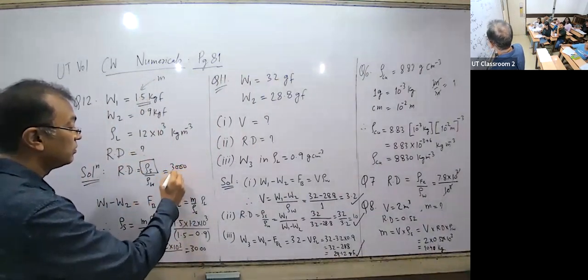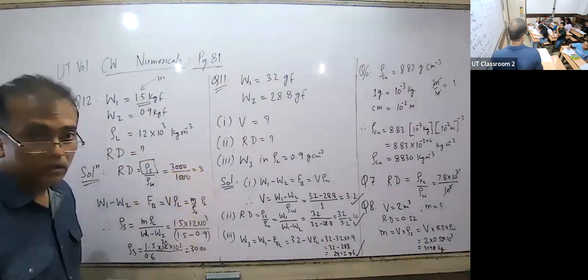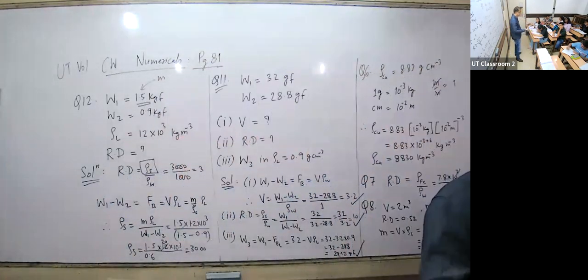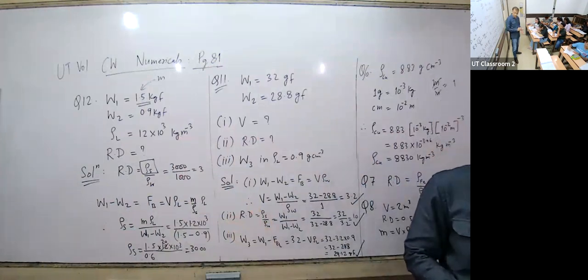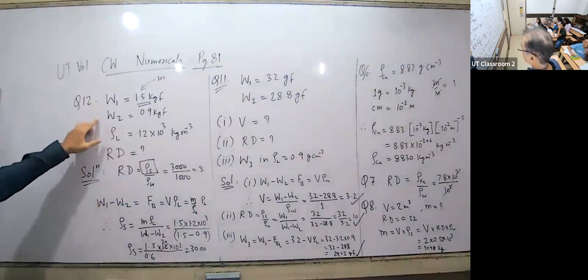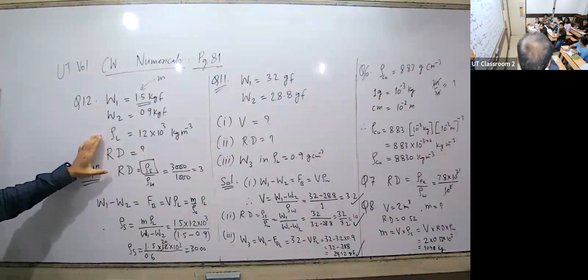So 3,000 divided by 1,000. It was simple only, just because of misprint, right? तो ठीक है, everybody got the logic? कैसे लगाया हमने, देखो, I'll explain from the given data. Now we have to thank her because she spotted what was asked in the question.